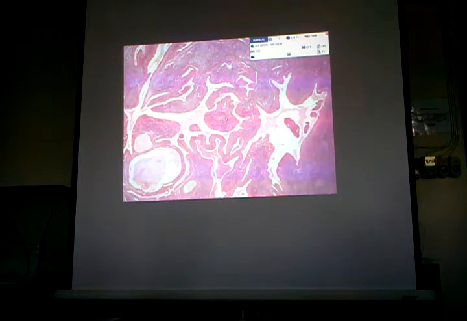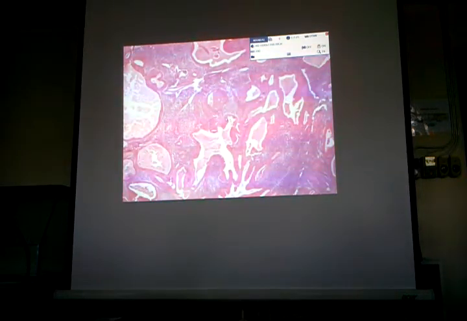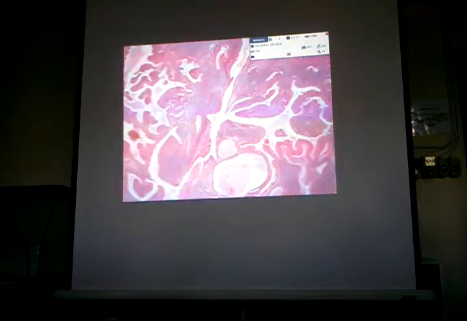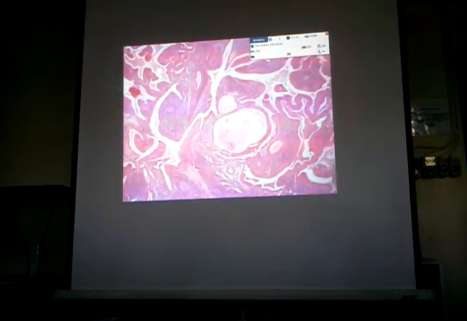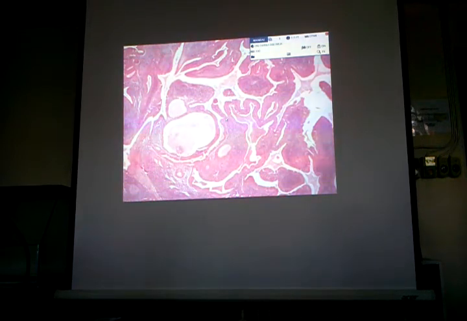So the old name of this tumor is actually papillary cyst adenoma lymphomatosum.